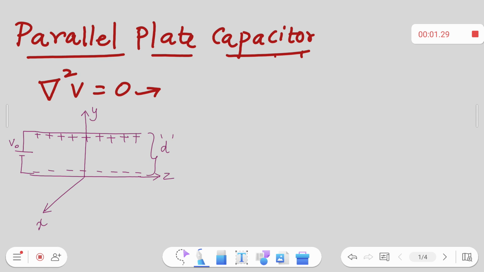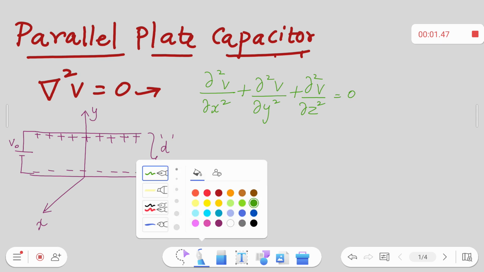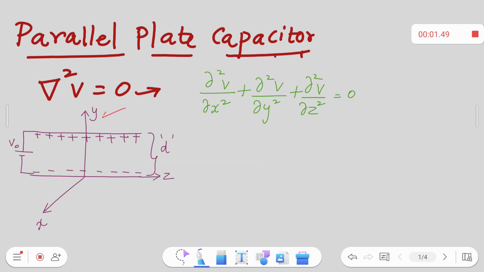Since it is a Cartesian coordinate system, this can be written as dou square V by dou x square plus dou square V by dou y square plus dou square V by dou z square is equal to 0. Since your parallel plate is along the y-axis, the x component and z component will be 0.